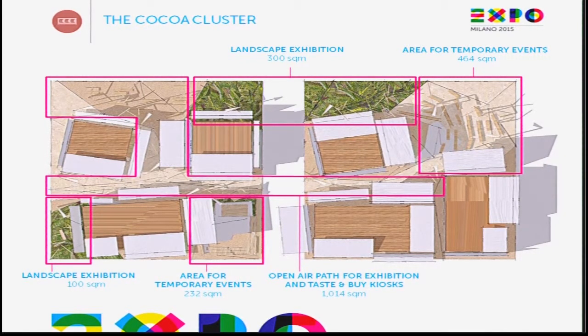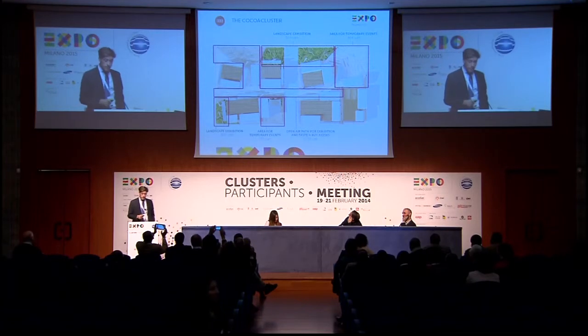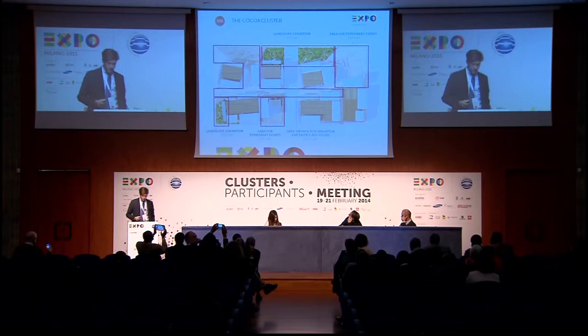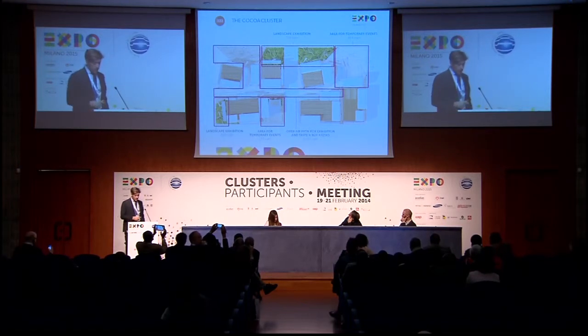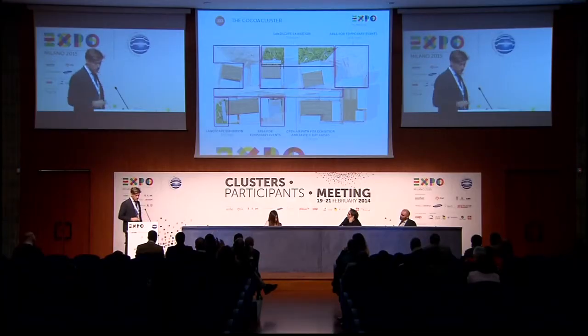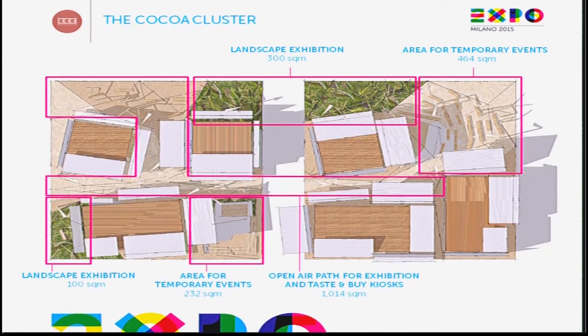On the left, you can see a big area for temporary events of about 400 square meters, a landscape exhibition area in front of the Cumano, about 300 square meters, and another area for temporary events, smaller and dedicated to small events like a cooking show, about 200 square meters, and a passage inside the cluster that is a path for taste and buy kiosks about the theme of cocoa and chocolate.